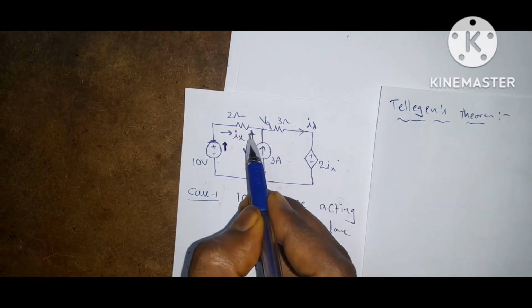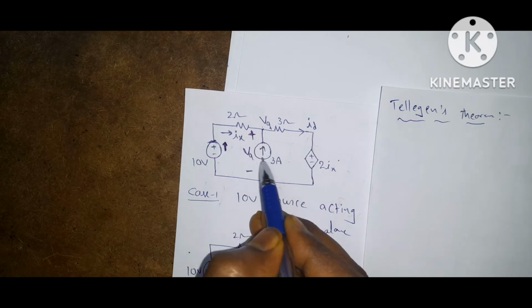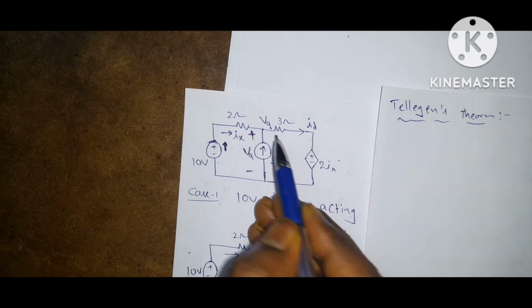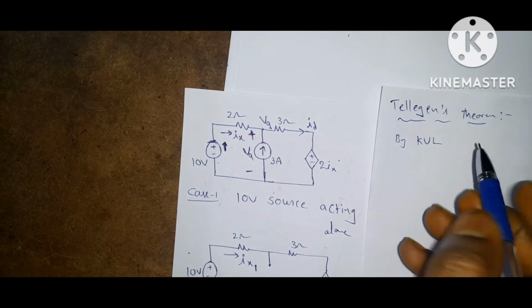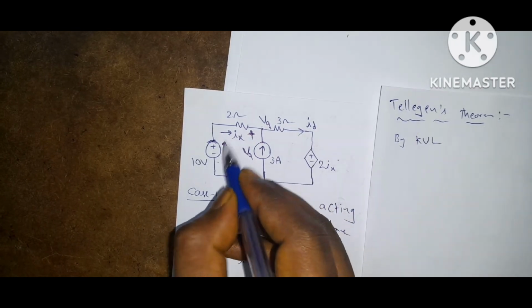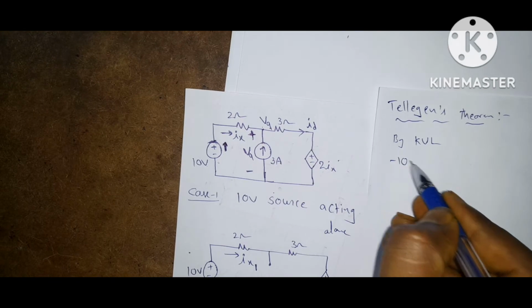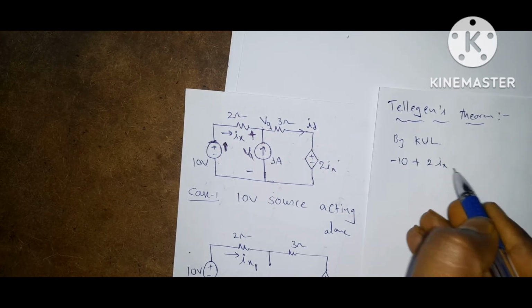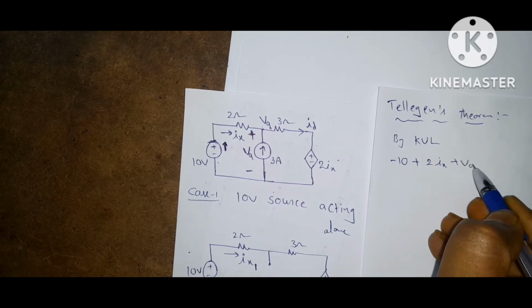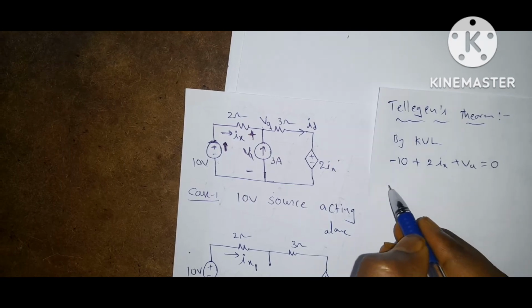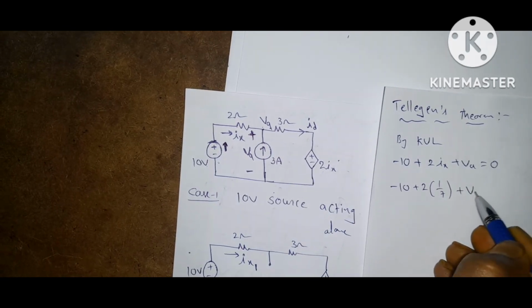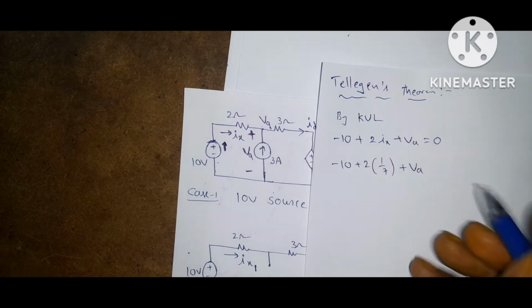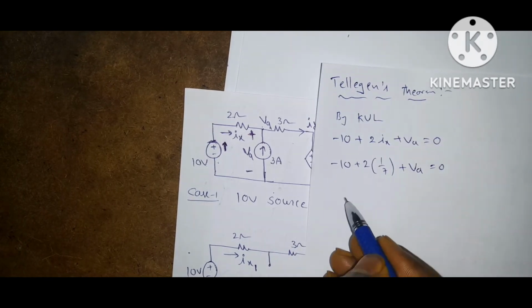Now find the value of the voltage across this current source, let it be VA. By KVL, what is VA? This is the current direction: minus 10 plus 2Ix plus VA is equal to 0. So minus 10 plus 2 into 1 by 7 plus VA is equal to 0.